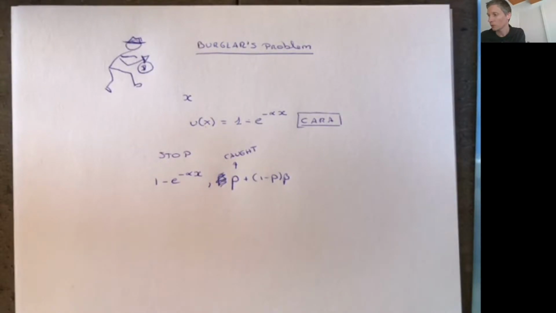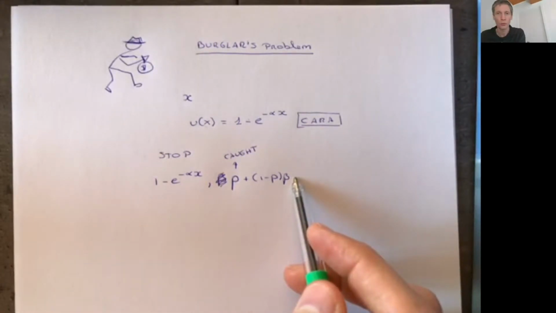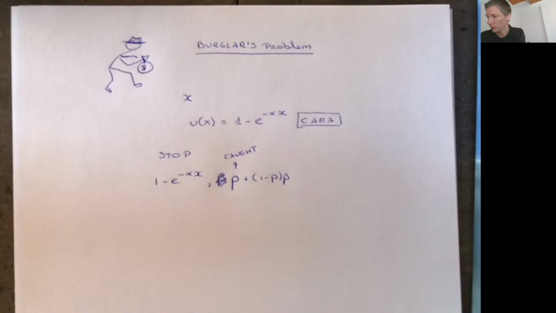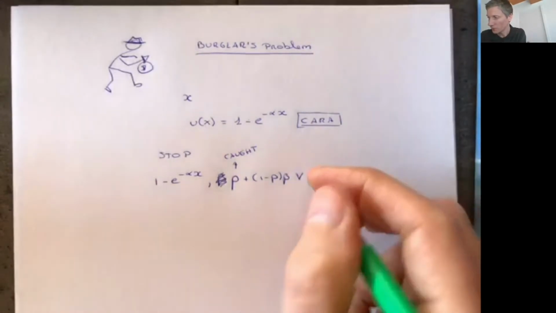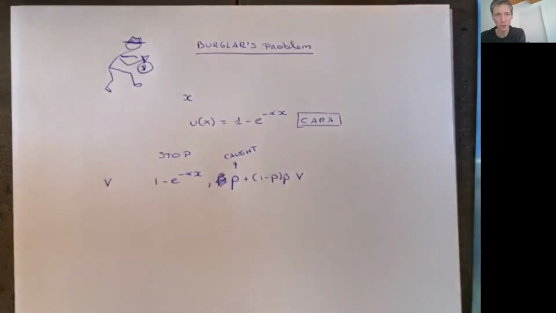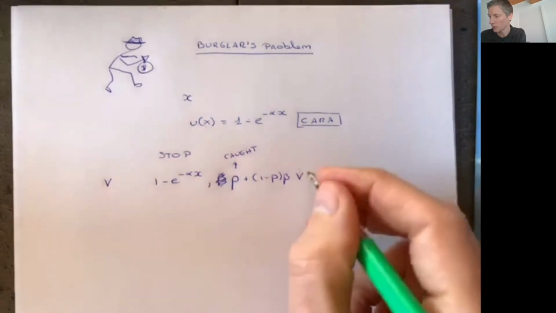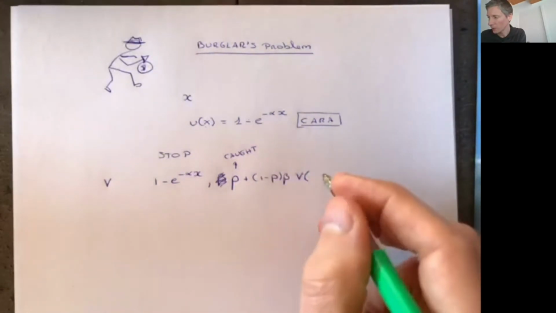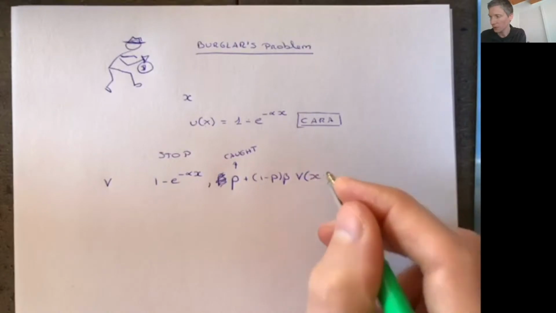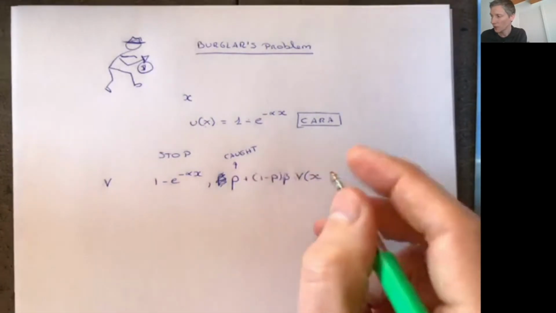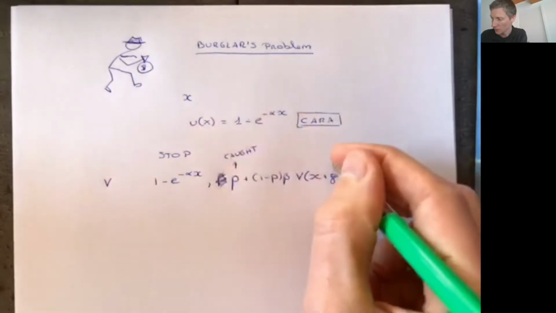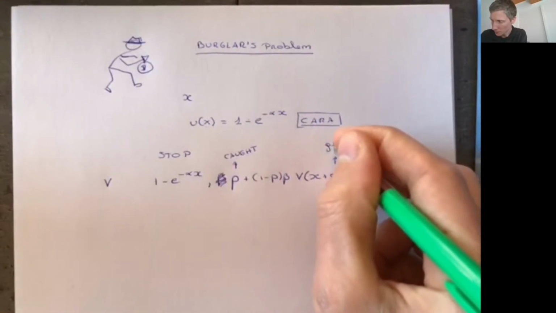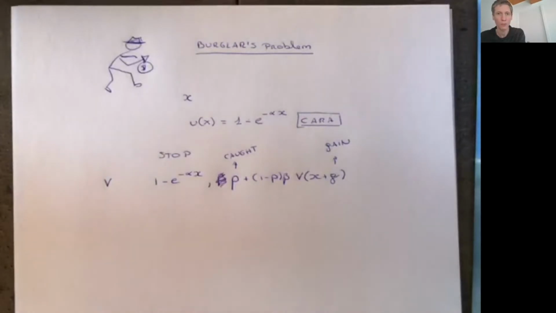Here we have a continuation value because the game keeps on going, and we call this v. So v is going to be my Bellman function. You have a continuation value of x, the capital he has today, plus whatever he gains by going out stealing, and we call this g, the gain when going out stealing.